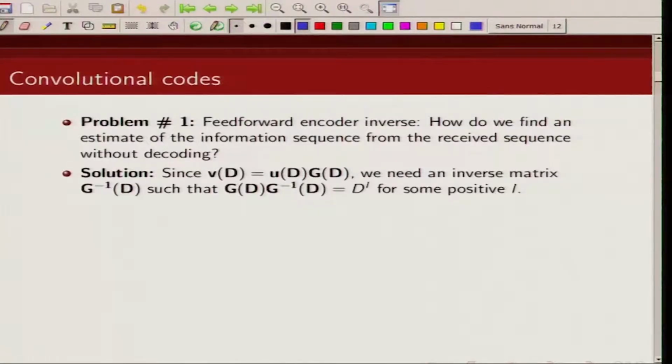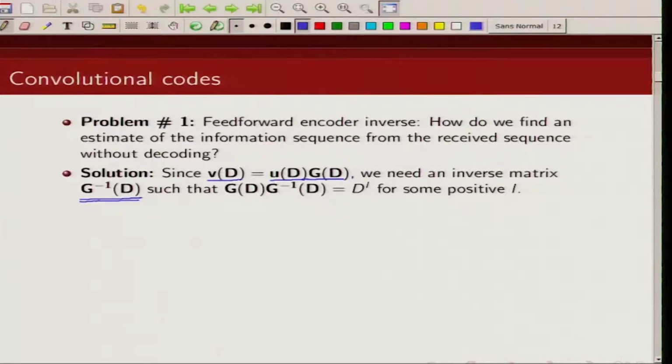As we know, our coded bits can be written as our information bits times the generator matrix, the encoding matrix, and the problem we are looking at is finding the encoder inverse, and whether a feed forward inverse for this encoding matrix exists or not and under what condition.